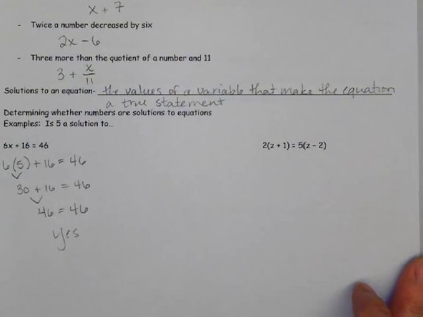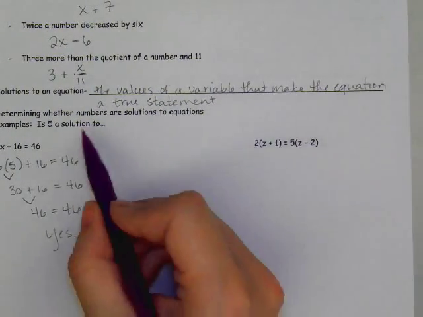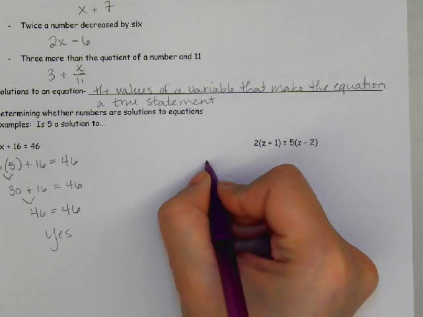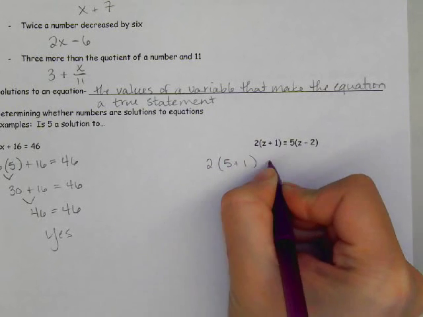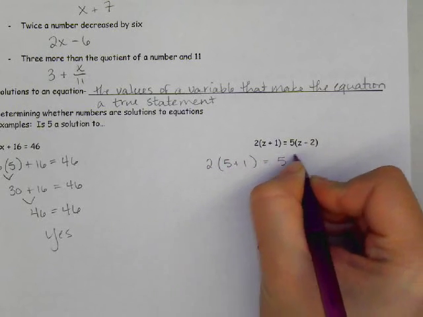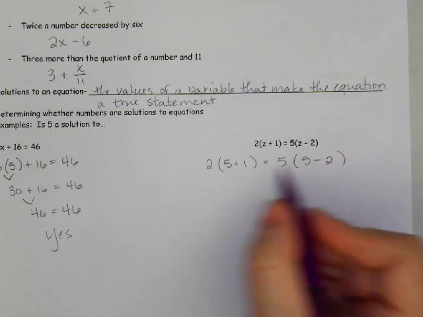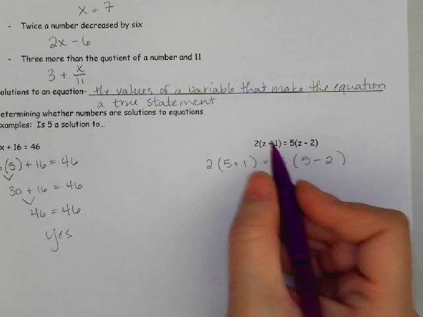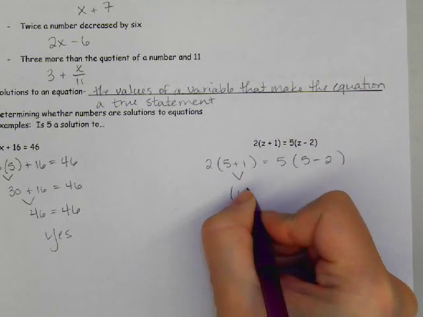Now if I look over here, 2 times (z plus 1) equals 5 times (z minus 2). I'm going to take that 5 and substitute it in for both z's. So 2 times (5 plus 1) equals 5 times (5 minus 2). And on each separate side, I'm going to evaluate. So I'm going to do those separately, not crossing that equal sign. 5 plus 1 is 6.